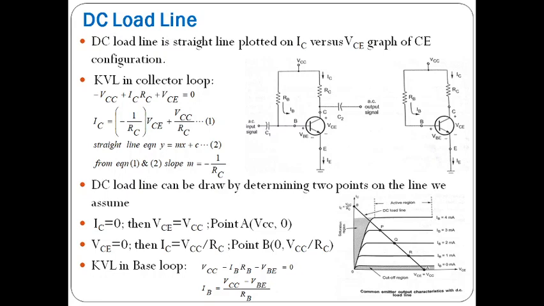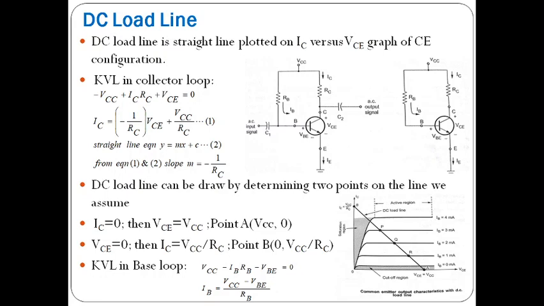So here I have given two circuit diagrams. You may have a doubt. In the first diagram I am using capacitors C1 and C2. In the second diagram I am not considering any capacitors. When I am considering DC, for DC all the capacitors are not considered. Why?